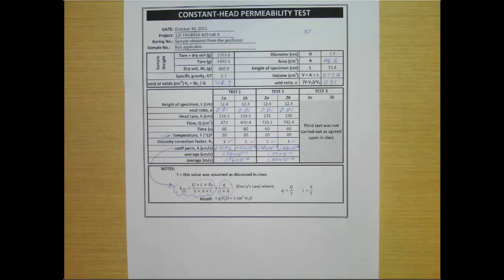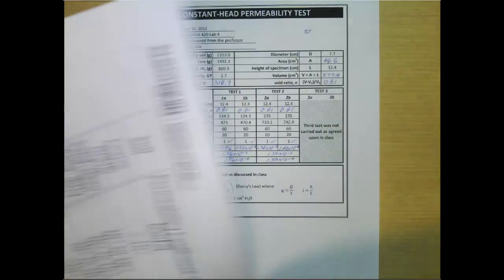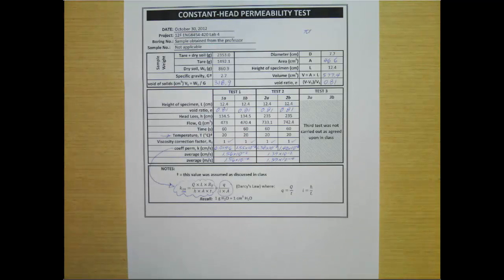Now the next thing though is to put it all together. Using the course notes, you'll notice that there's a table somewhere in here looking something like this that you can actually use to identify what this soil is. Now granted, you might remember exactly what the soil was that we used for this test, but that table will assist you based on these values you got. They're actually fairly close together.